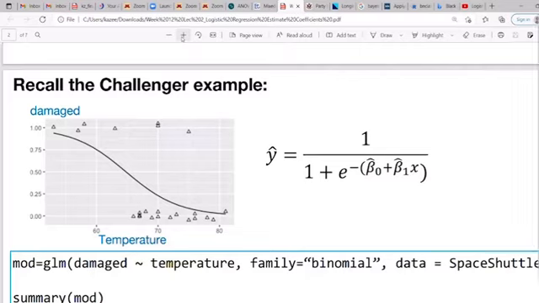Now, I told you the other time that we have two ways of presenting a logistic regression model after fitting. One way is the logit form, which is a log odds form.